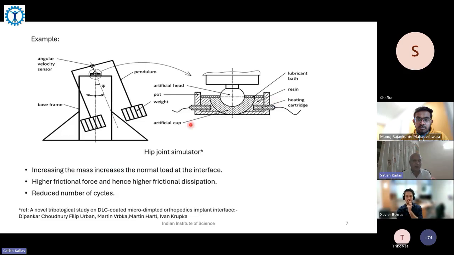So there has been one more tribo system developed by Ivan Krupakov from the Czech Republic, where they studied the ball and socket joint. Basically, this is an ultra high molecular weight polyethylene cup, and this is the sphere made of whatever material you want.